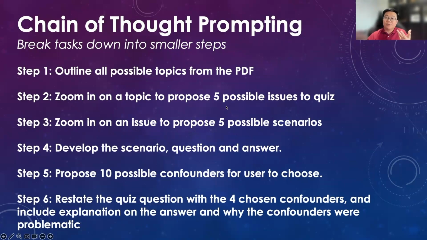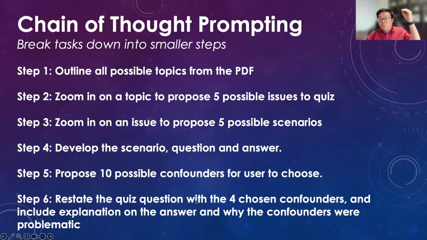And I like to use scenarios to test, right? So I choose a topic, the issue first, then you give me 5 scenarios. Then I will choose a scenario, then you come up with a question and the answer, and then give me 10 confounders. Let me be the one to pick the 4 confounders for the quiz. Once I do all this, then restate the quiz question with the 4 confounders and the explanation, right?